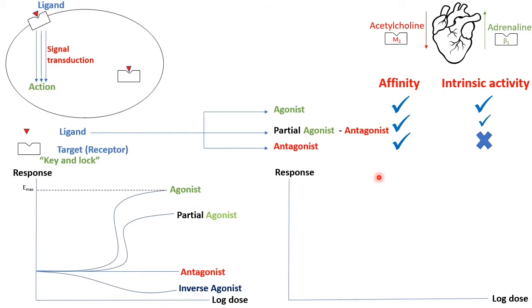Again, we draw a curve between log dose and response. Here we have a drug. This drug is an agonist. There is a response. This is drug A, and here we can find its Emax or the maximum response.